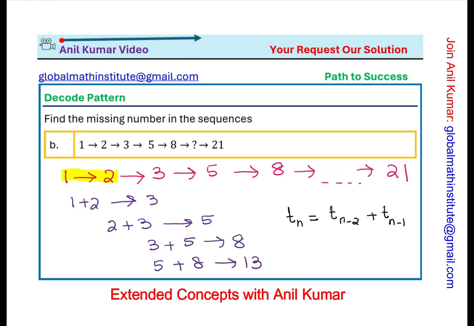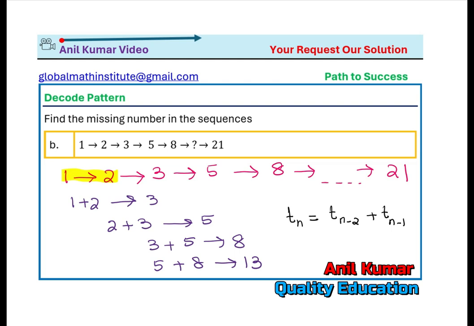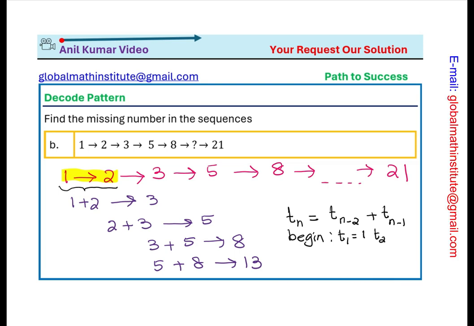That is how we write the previous two from the nth term. And we begin with two terms in this case, right? So begin with term 1 as 1 and term 2 as 2. Once you know two terms, you can find the third term. You need at least two terms to find the next, right?